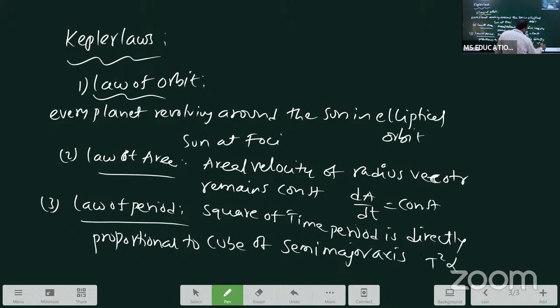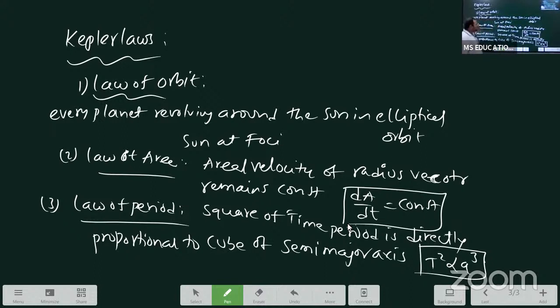T square directly proportional to a cube. So, students, this is Kepler's laws of planetary motion: law of orbit, law of area, law of period.